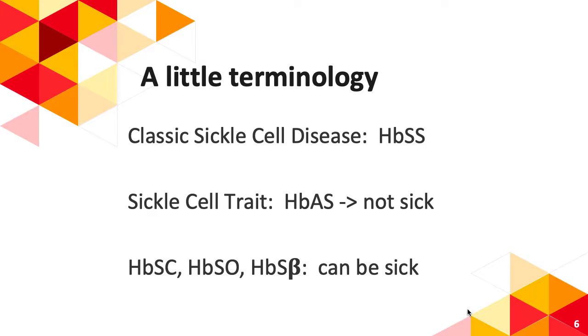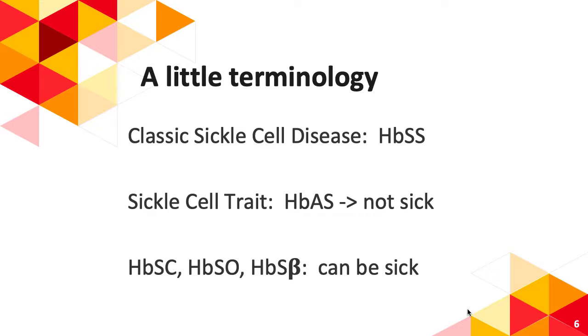So these patients are kind of in between the level of sickle cell trait and classic sickle cell disease SS. Similar case with HbSO. Again, 1 copy of the abnormal sickle cell, 1 copy of O is another abnormal hemoglobin, and S beta stands for beta thalassemia. So these are all heterozygotes that can be sick.